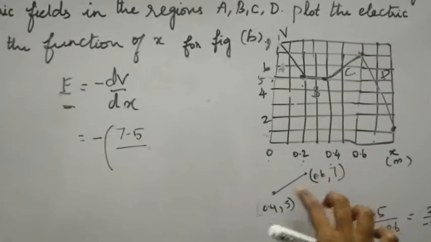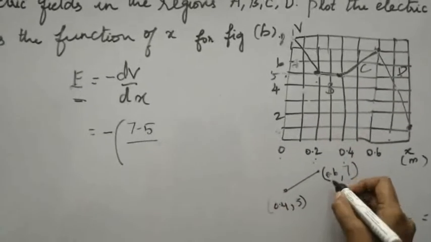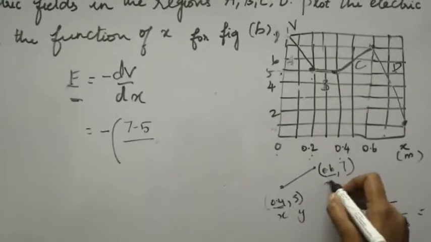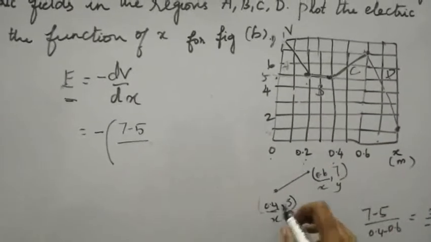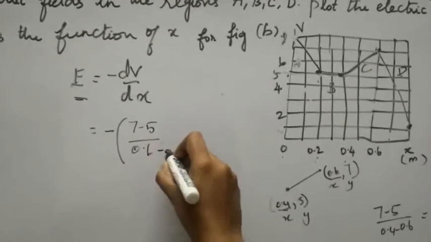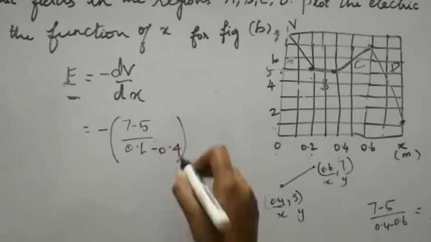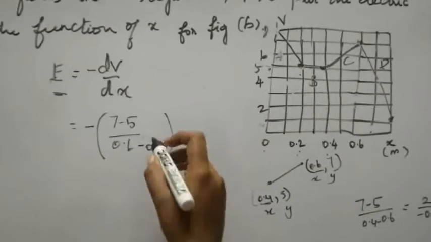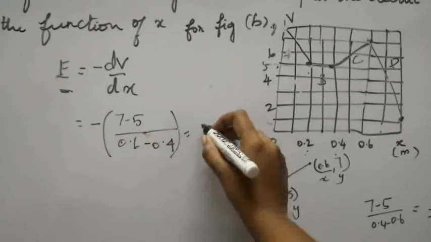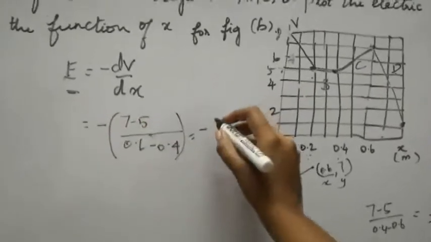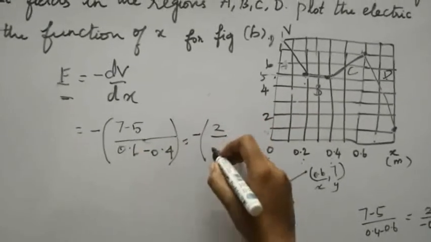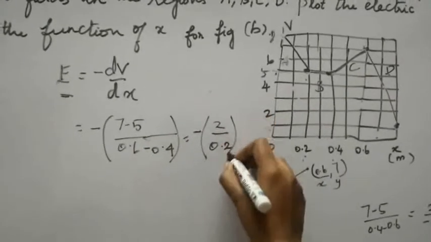Again, final value minus initial value on the x-axis. So the change in x is 0.6 minus 0.4. 7 minus 5 is 2, and 0.6 minus 0.4 is 0.2.